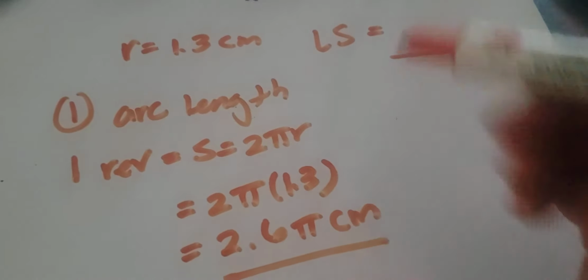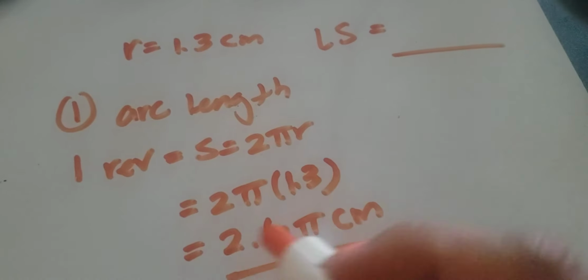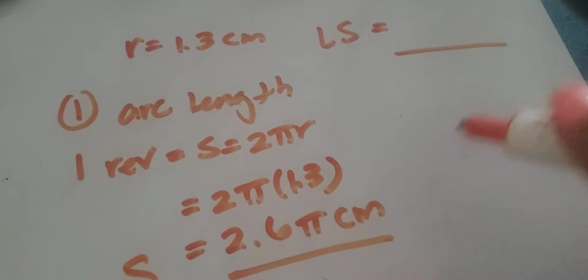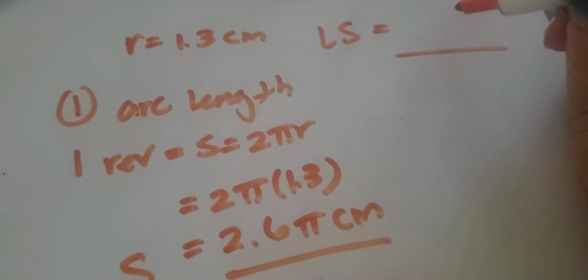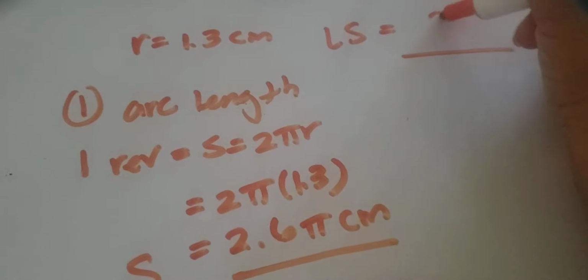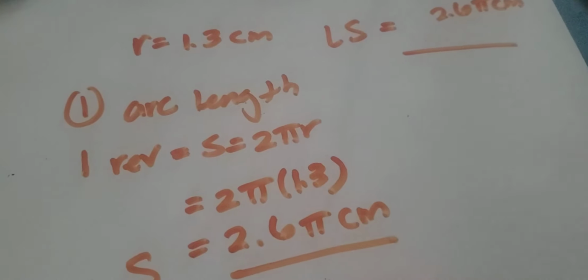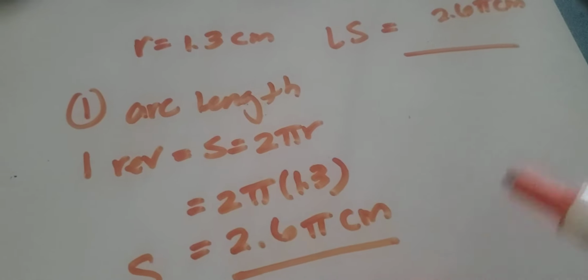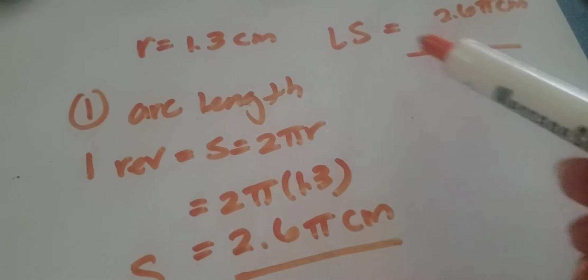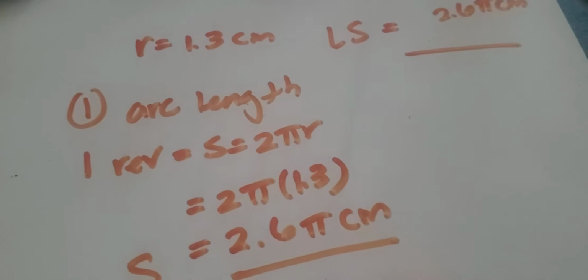And now for the second part, what we're going to do is now we're going to take the arc length. So remember, we basically solved for S. So we're going to write it up here: 2.6 pi centimeters. And since we're referring to the second hand, it goes around the clock in 60 seconds.